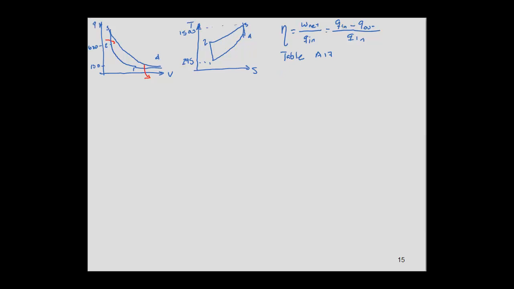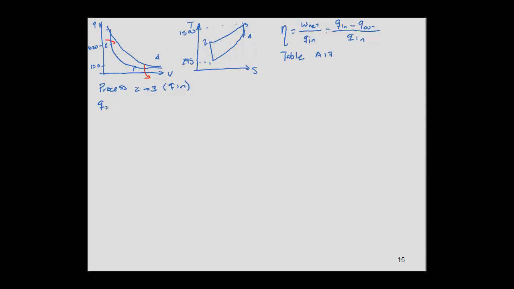So we would like to understand how to get Q in and Q out. So process for Q in is process 2 to 3. We apply first law.